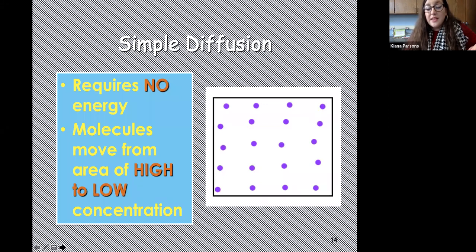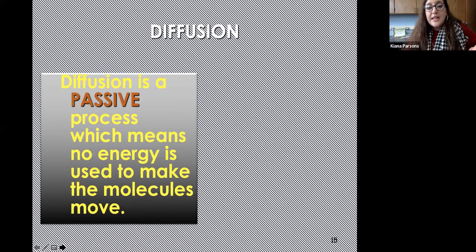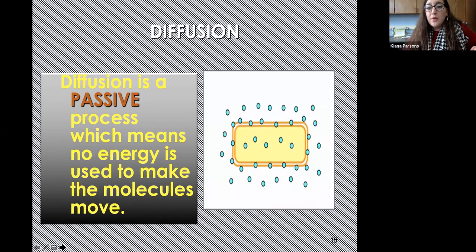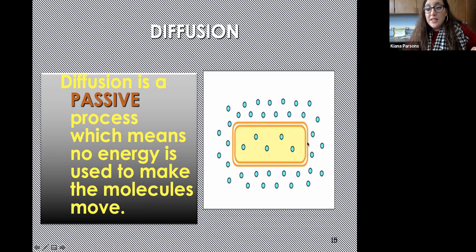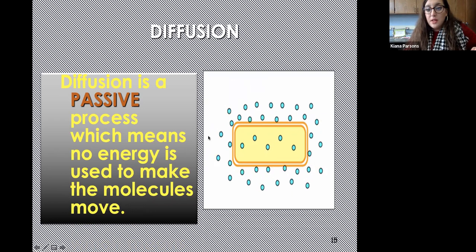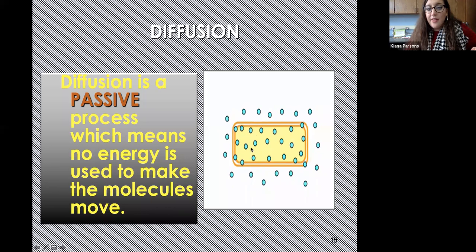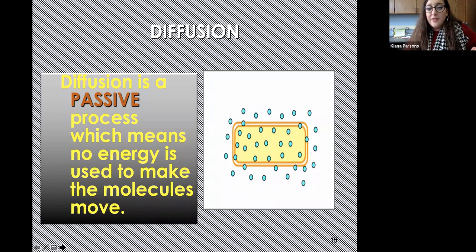Diffusion does require time. Diffusion is a passive process, which means no energy is used to make the molecules move. You can see there was a higher concentration outside of the cell than in, so the molecules started to move into the cell. Oxygen molecules can pass into the cell that way via diffusion.